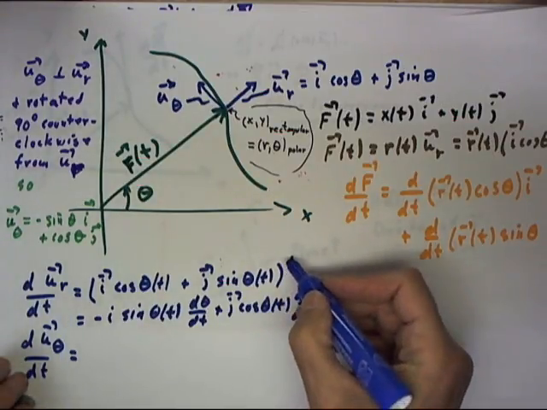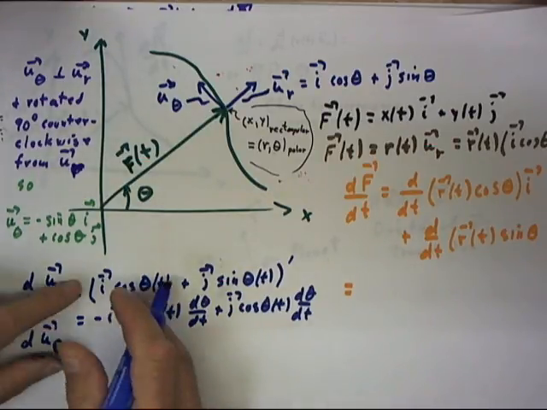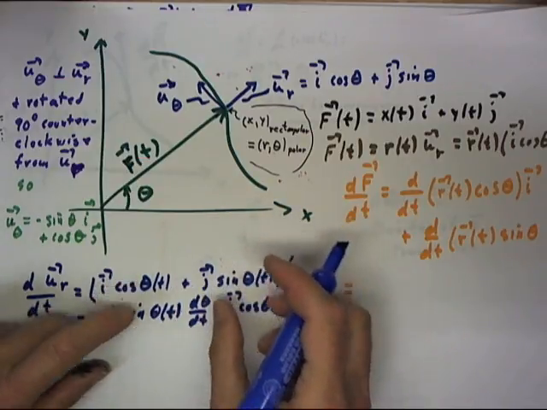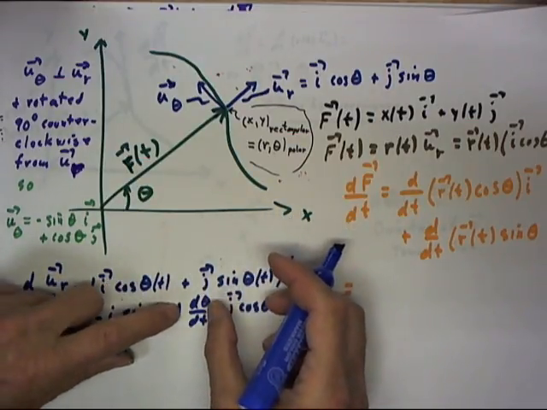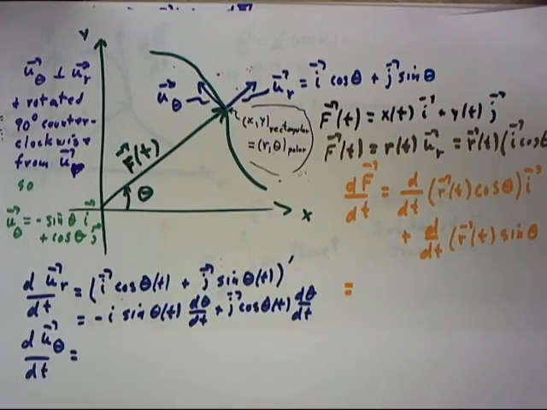I'm flipping in and out between prime and d dt notation, but using the chain rule, cosine of theta of t, inner function is theta, so that we have to take the derivative of that. That's where our d theta dt comes from, and the derivative of the cosine is the negative of the sine function.